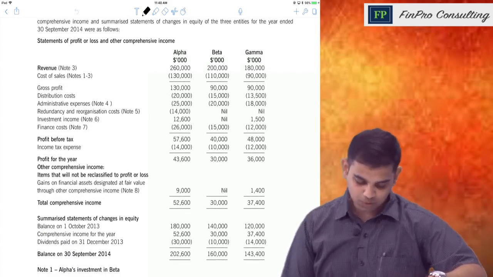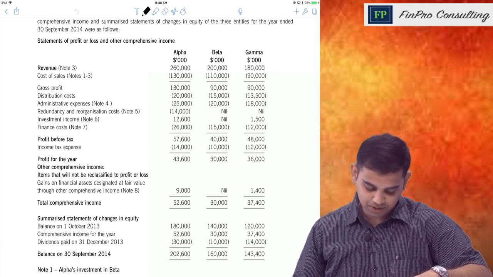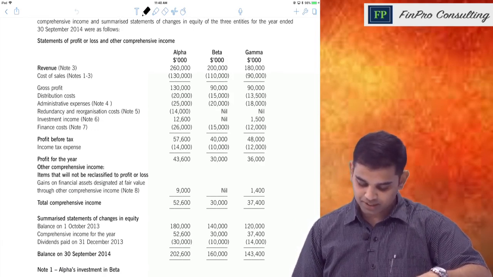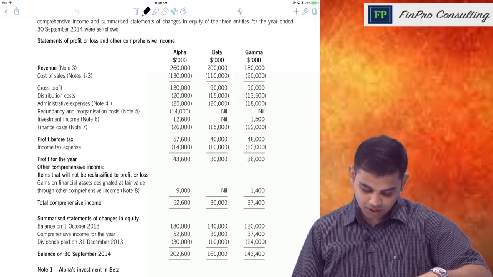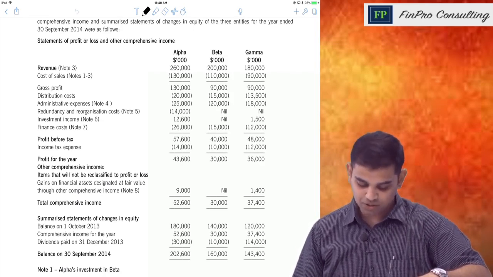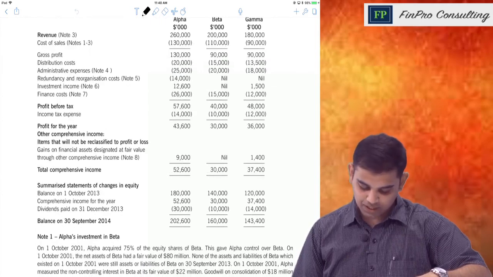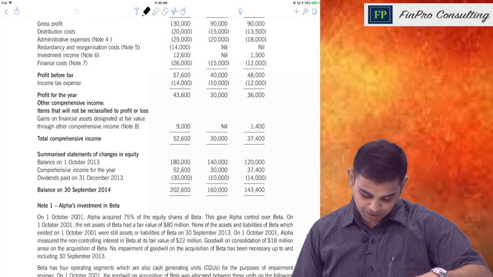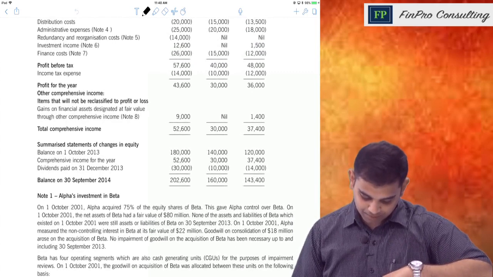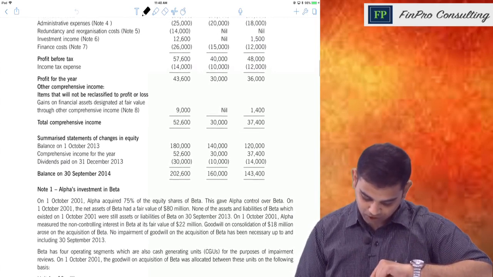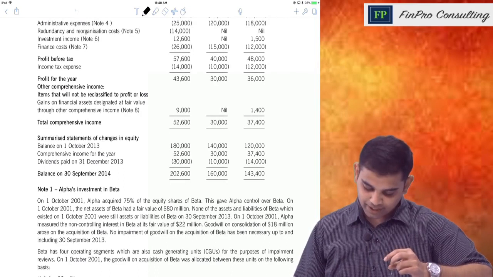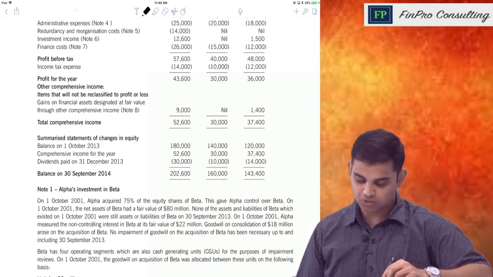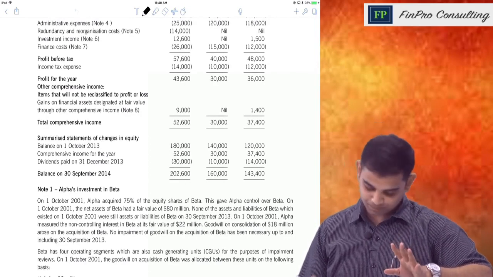So we have revenue, cost of sales, gross profit, distribution costs, admin expenses, redundancy and reorganization costs, investment income, finance cost, profit before tax, income tax expense, profit for the year. Then in other comprehensive income, items that will not be classified to profit or loss, gains on financial assets designated at fair value through other comprehensive income. So it is nothing but FVTOCI investment.